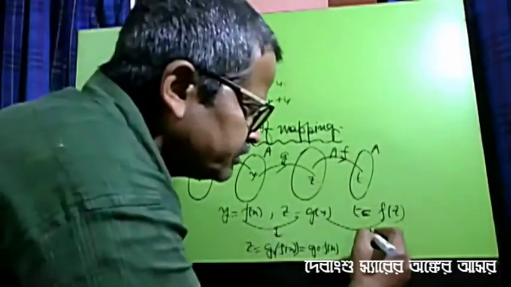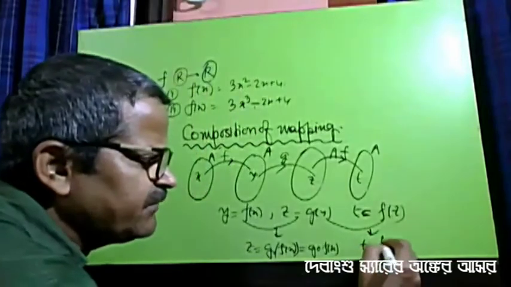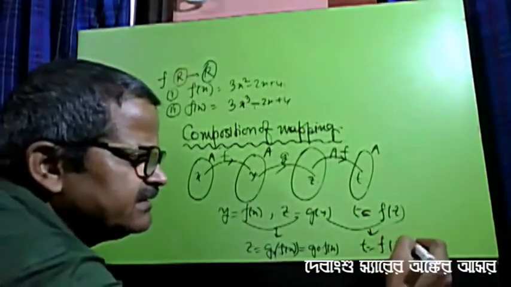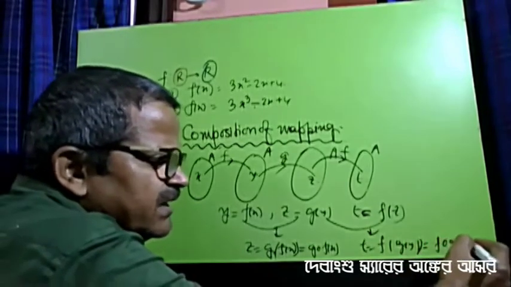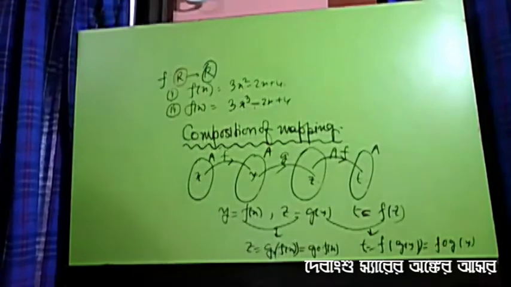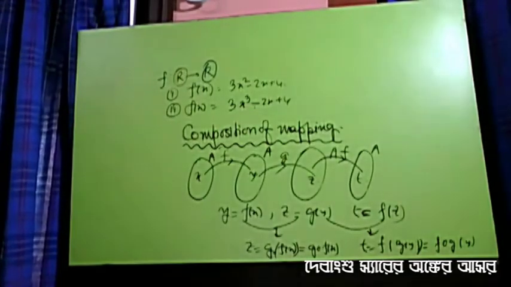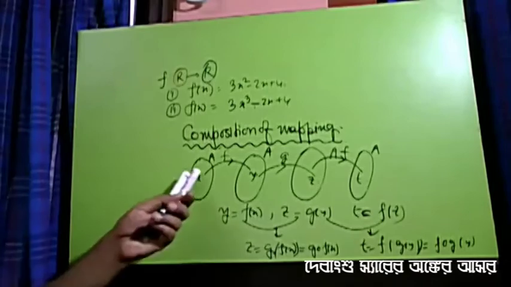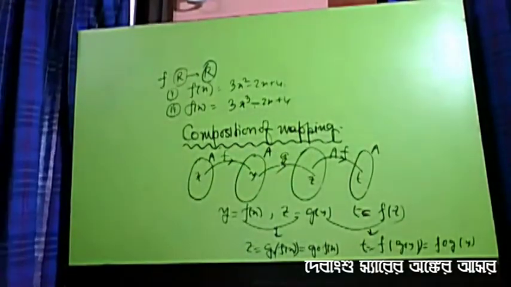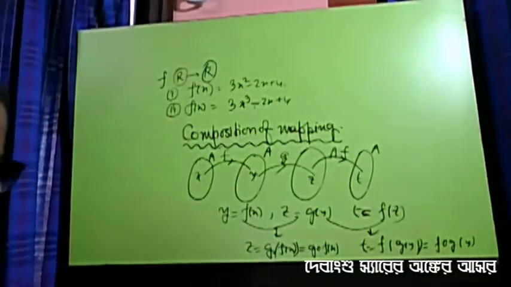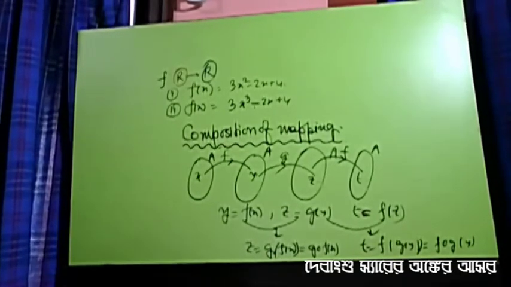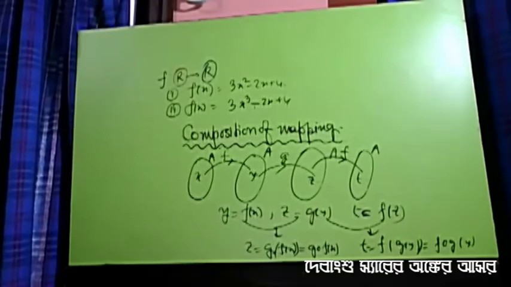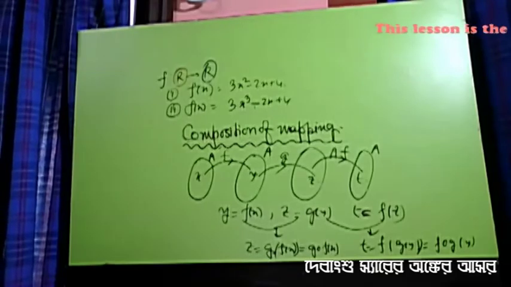From these two, what do we get? T is equal to F of Z. Z is Gy. So it is F compose G of y. That's why when all the three sets are equal, we can compose F and G, and G and F. Now, what is the difference between G of F and F of G?